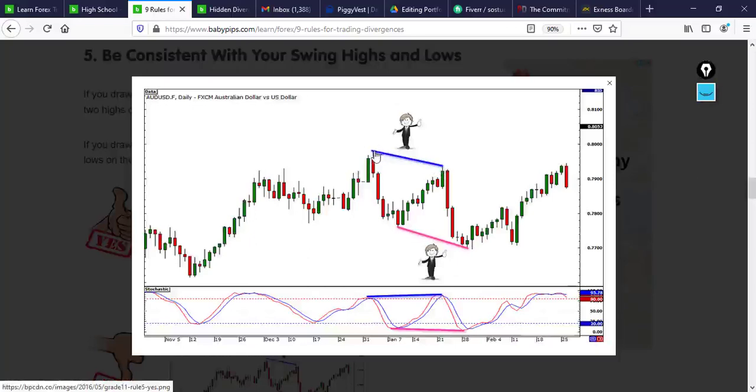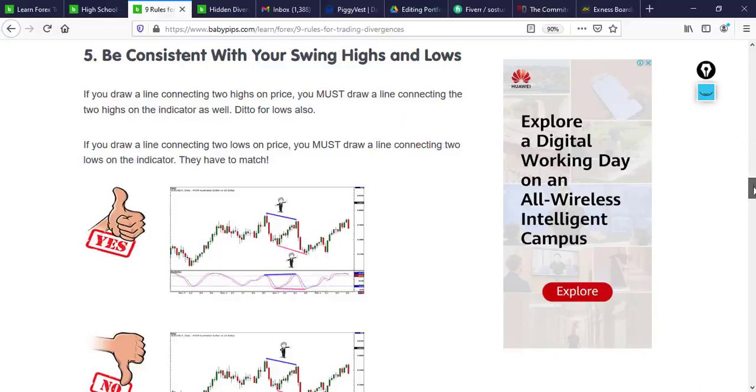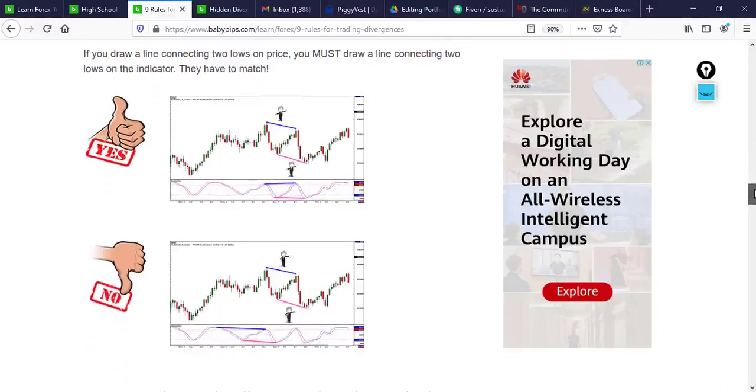You connect this one, and here you're connecting this and this, here and here. Do the same, connect this and this, here and here on the indicator as well. Be consistent with it. Be consistent in drawing your lines correctly.